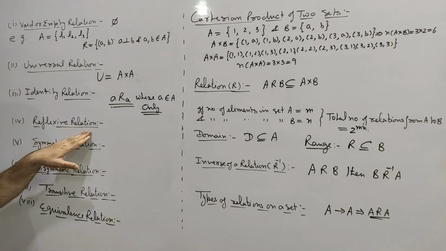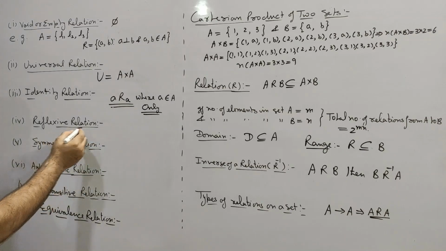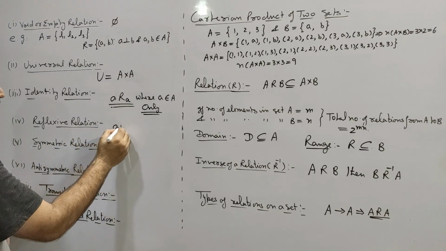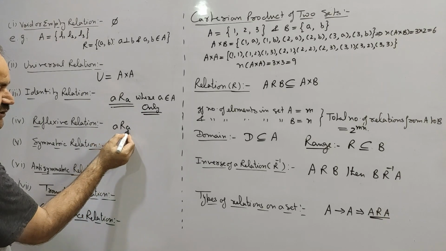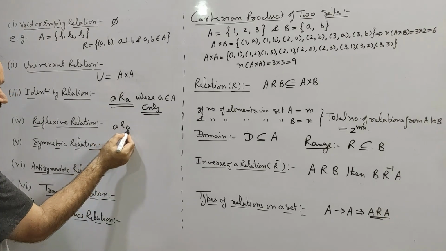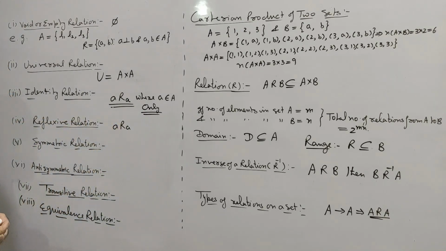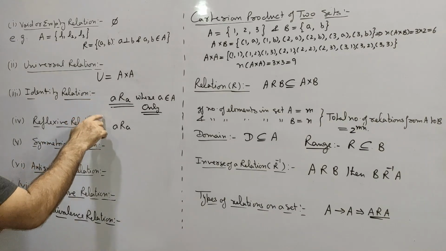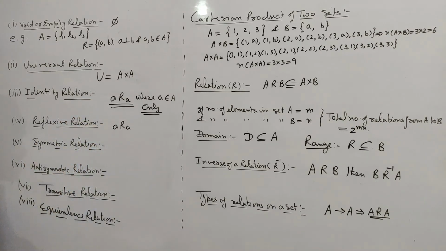Now we come to the reflexive relation. A relation will be said to be reflexive if it contains every element associated to itself. It means in a reflexive relation also, if a is related to itself, then the relation will be reflexive. Then what is the difference between identity relation and reflexive relation?